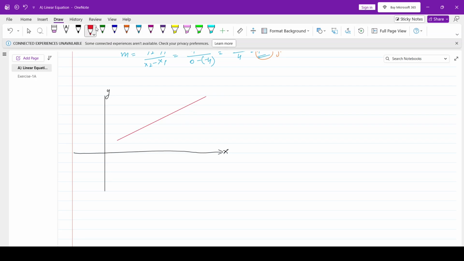This line can be any line. There can always be another line that is completely 90 degrees to this line. We can call this line perpendicular to this line.